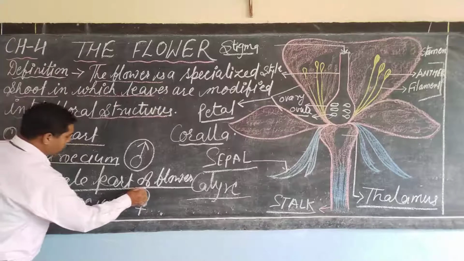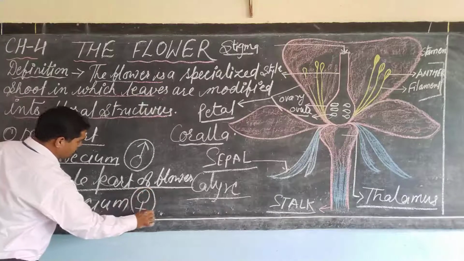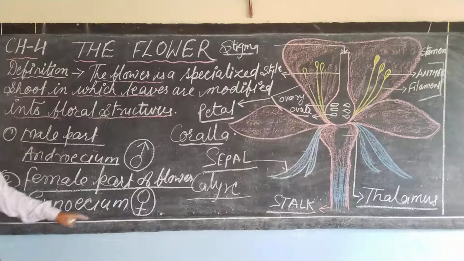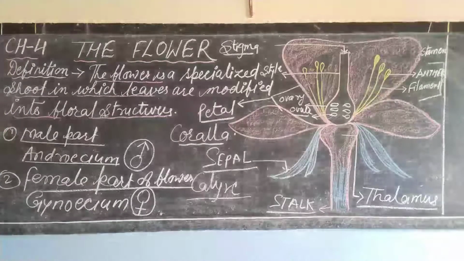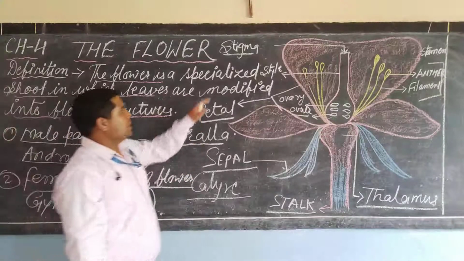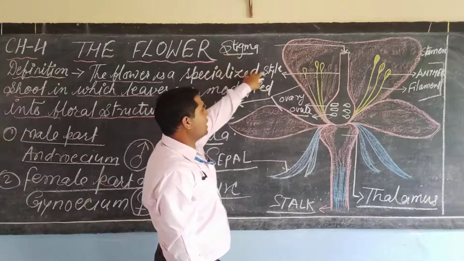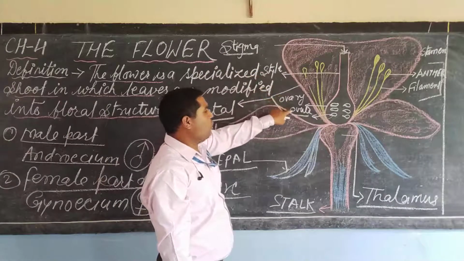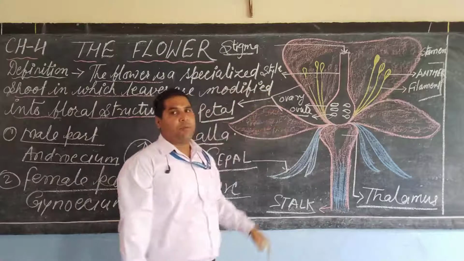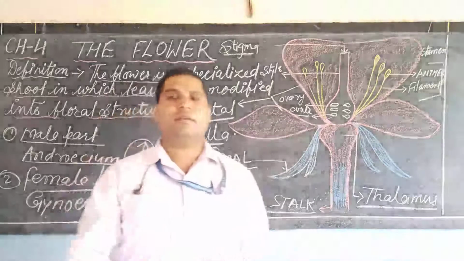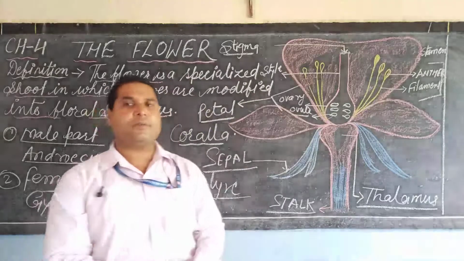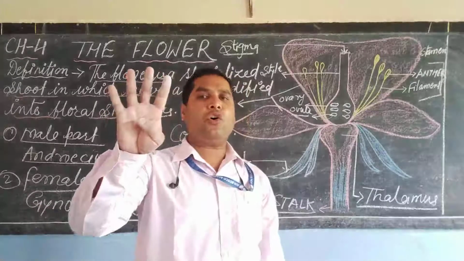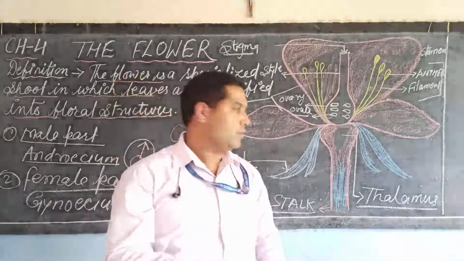So this is the symbol of the female part. It is represented by this particular sign, dear student. Stigma, style, ovary, ovule, these are the four parts of the female part of the flower. So dear student, the main four parts of the flower.